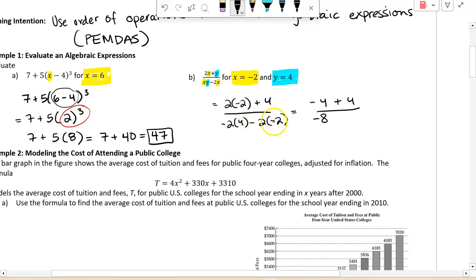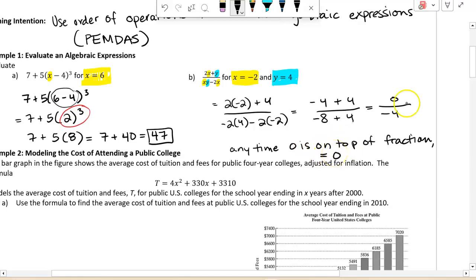There are 2 negative signs right there. So 2 negatives are going to cancel into a positive. Think about it like -2 times -2. Positive. On top, you have -4 plus 4 is 0. And on bottom, -8 plus 4 is -4. But anytime 0 is on top of a fraction, we equal 0.